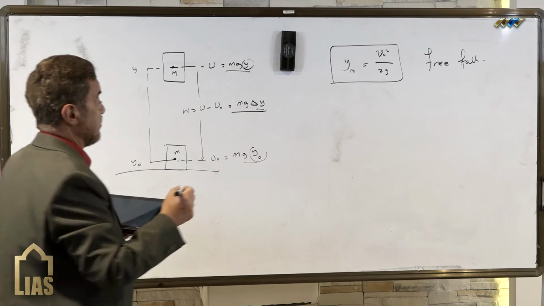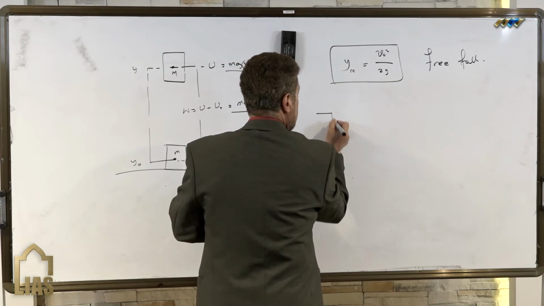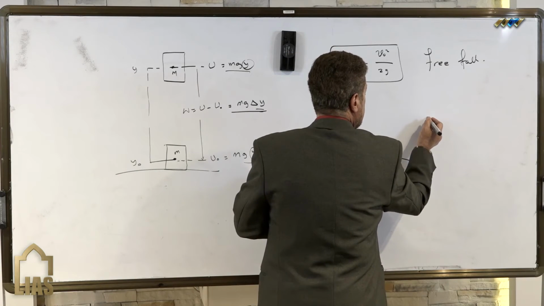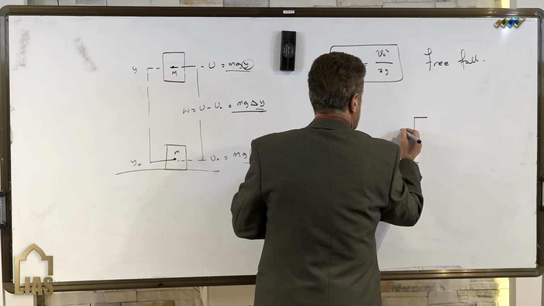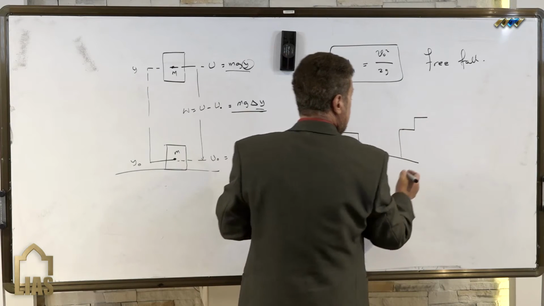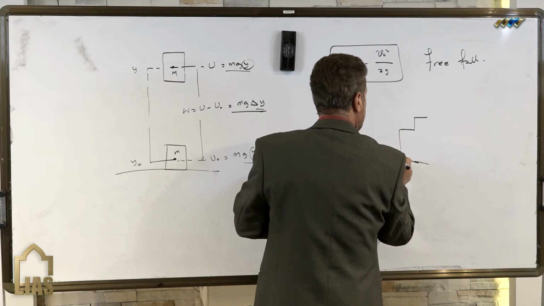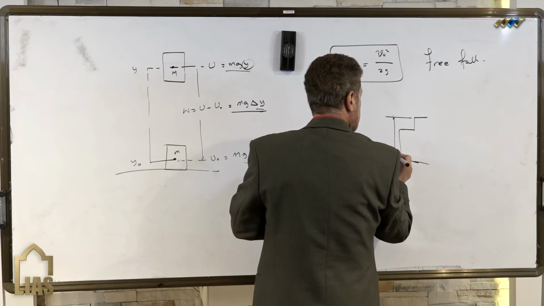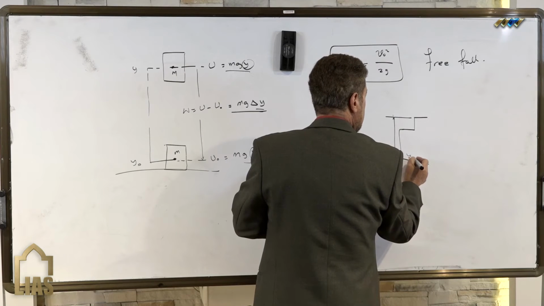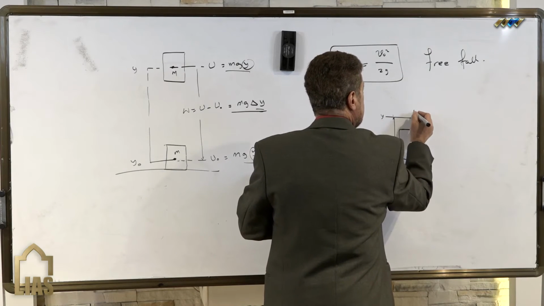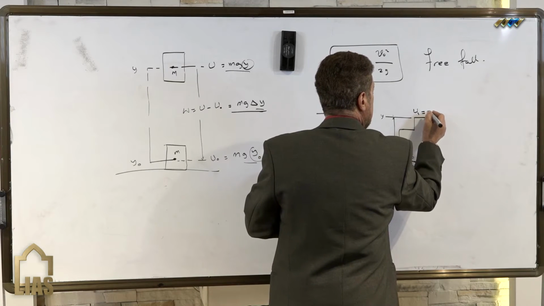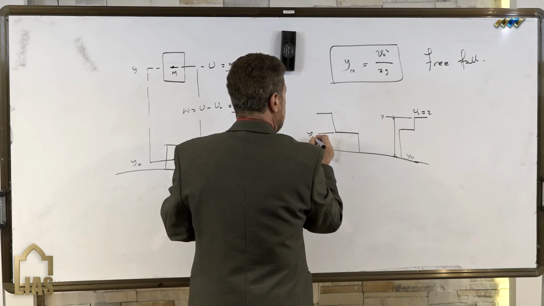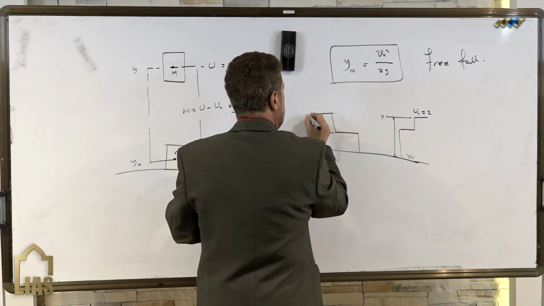Then, not to be confused, to measure y from here, this is y0 and this is y, and that y2 is twice the y here.